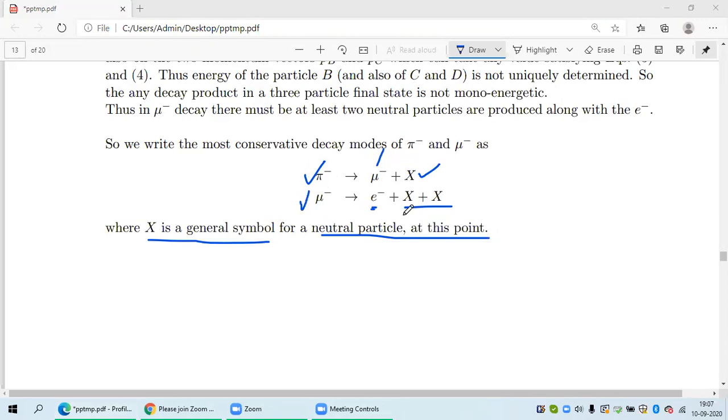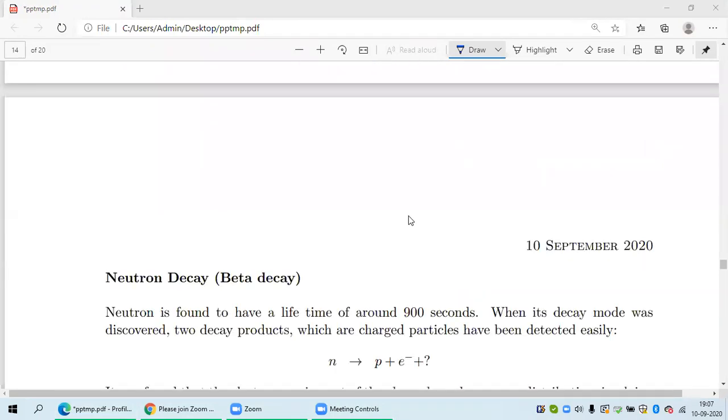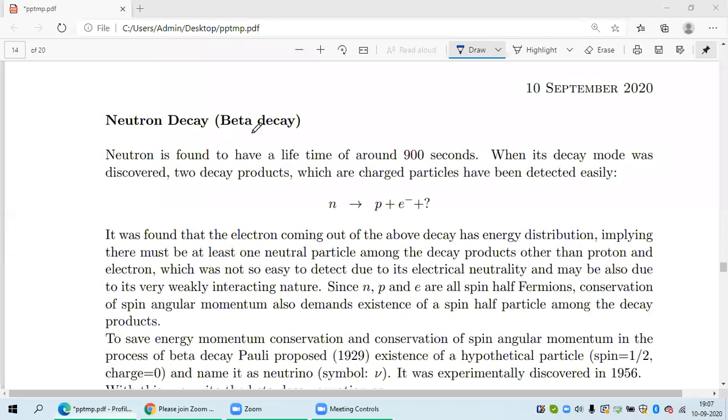We know this experimentally, and there is another decay which is known from very early days, that is the well-known beta decay, where a radioactive nucleus decays. In beta decay, a neutron inside a nucleus decays, and protons and electrons come out from the decay of the neutron inside the nucleus.